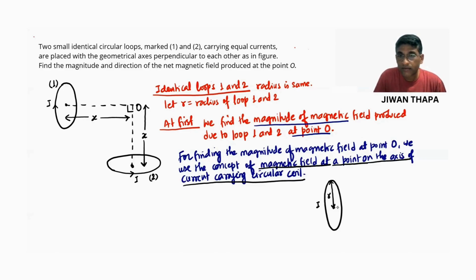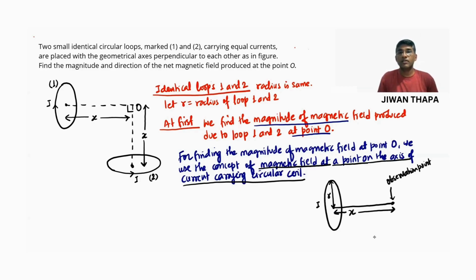And this is the center. So this is the axis. So this is the observation point, where we are interested to find the magnetic field. And let this point be at distance x from the center of the circular coil.